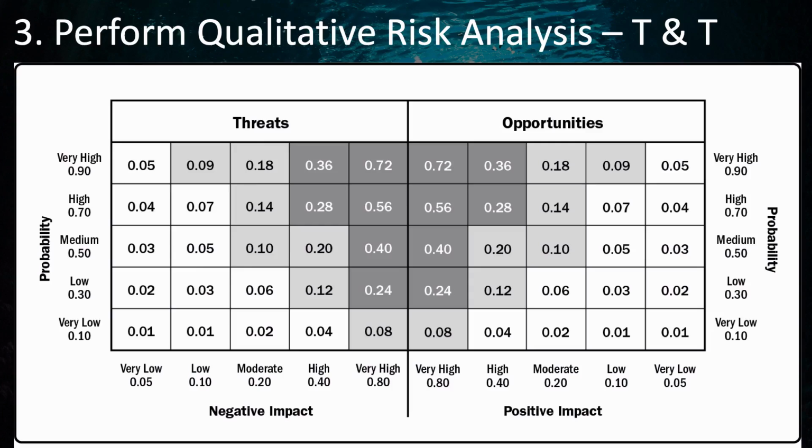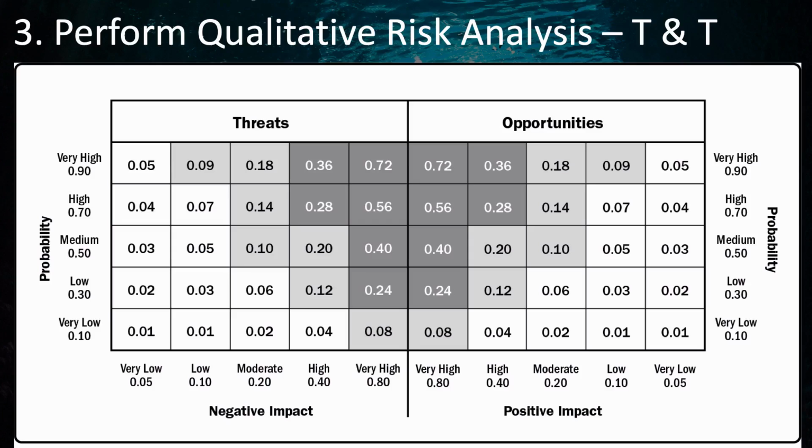For example, if a particular risk is assessed as having a medium probability of occurring and a high impact if it does occur, then it's given the risk score of 0.20, which is calculated by multiplying the medium probability score of 0.5 by the high impact score of 0.4.